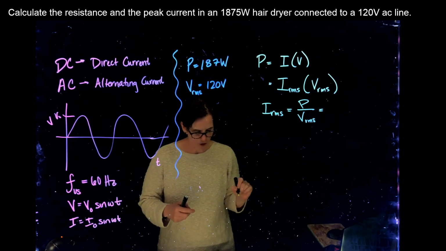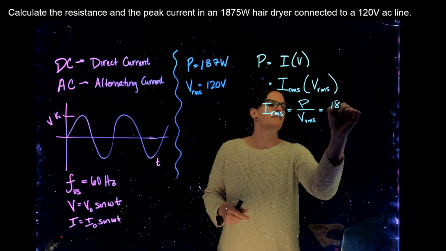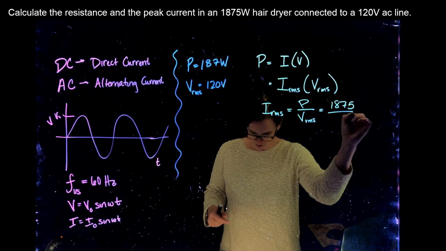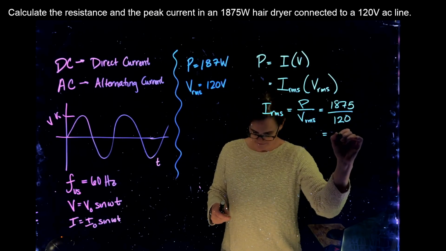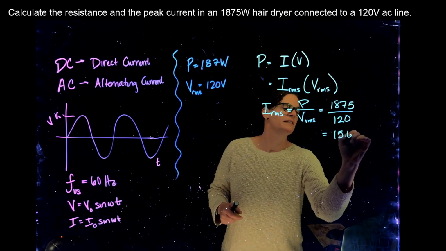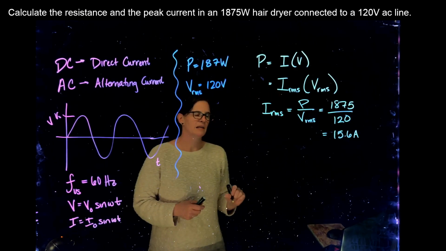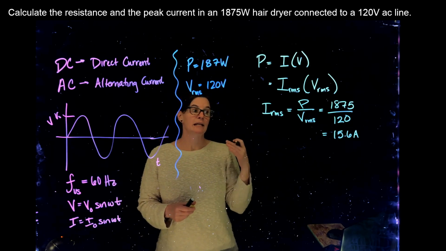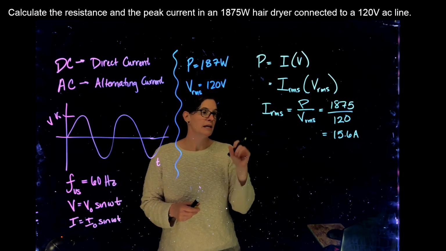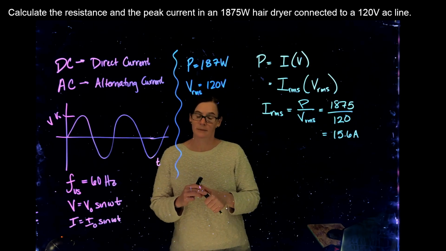And so our current is 1875 over 120. So our current is 15.6 amps. So the RMS current drawn by this hairdryer is 15.6 amps.